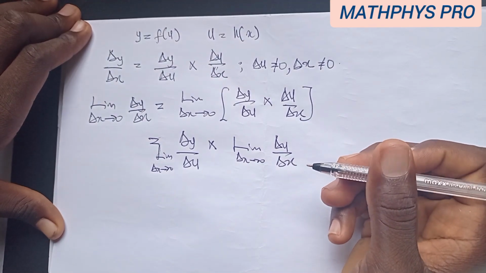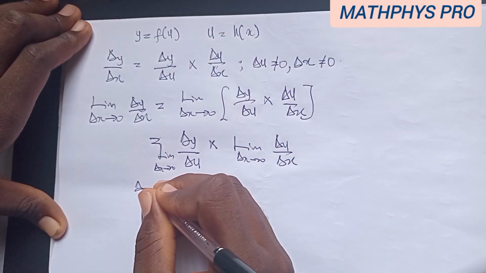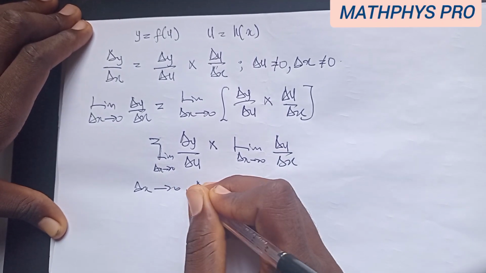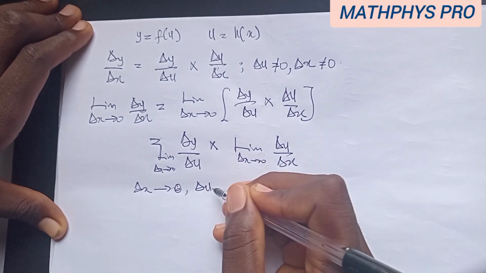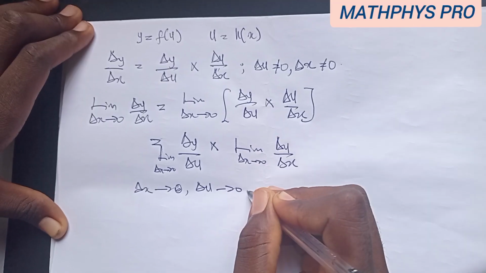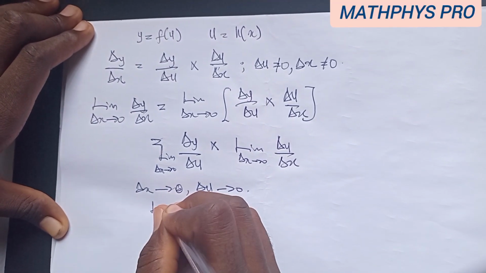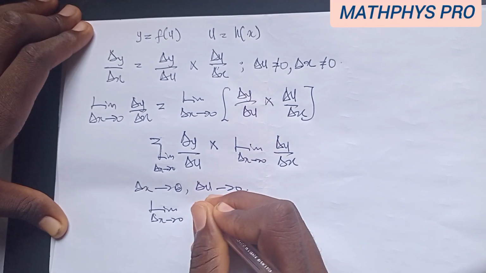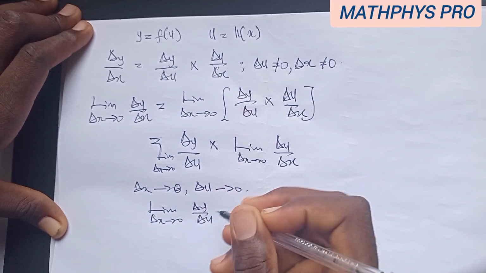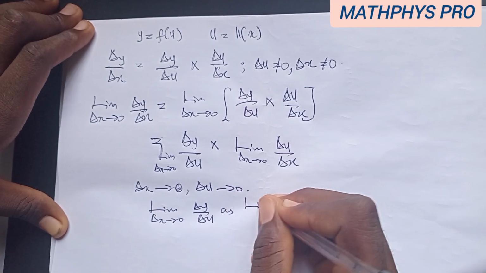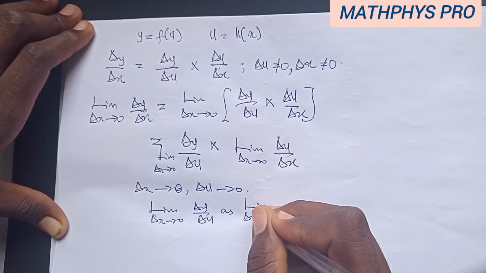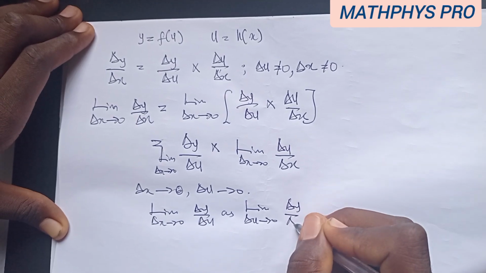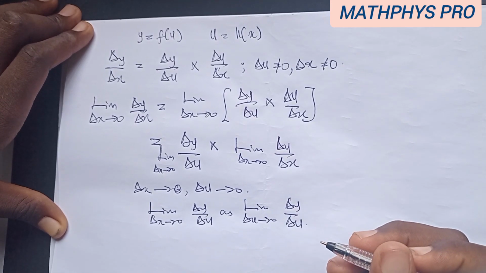So remember that as change in x approaches 0, change in u also approaches 0. So we can write that the limit when change in x approaches 0 of change in y over change in u is the limit when change in u approaches 0 of change in y over change in u.